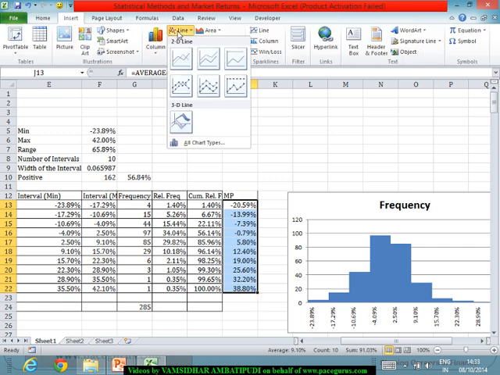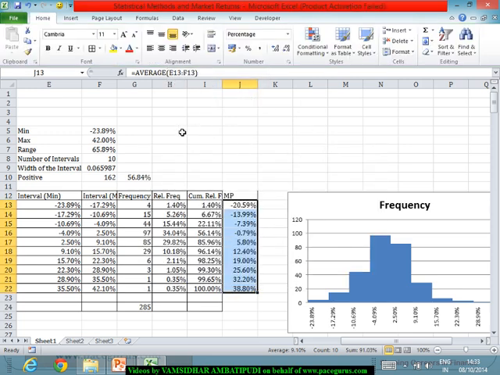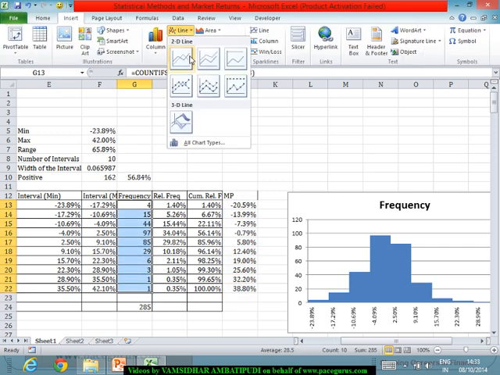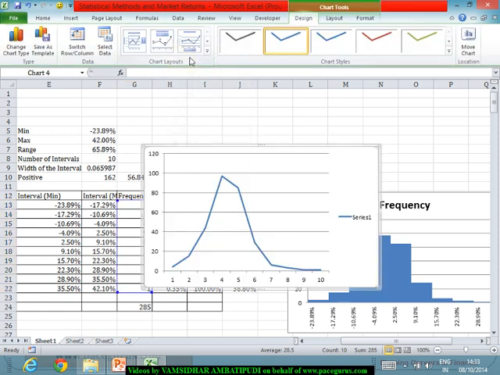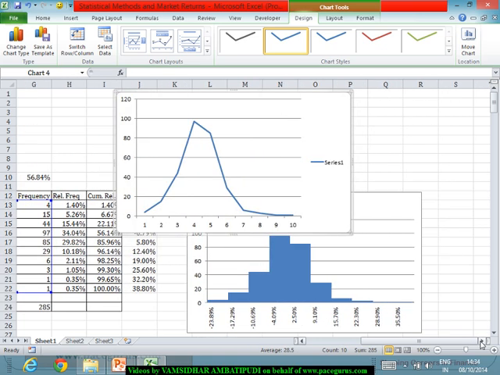A simple line chart wherein I am plotting the frequencies, and this is what is the frequency polygon in my case.